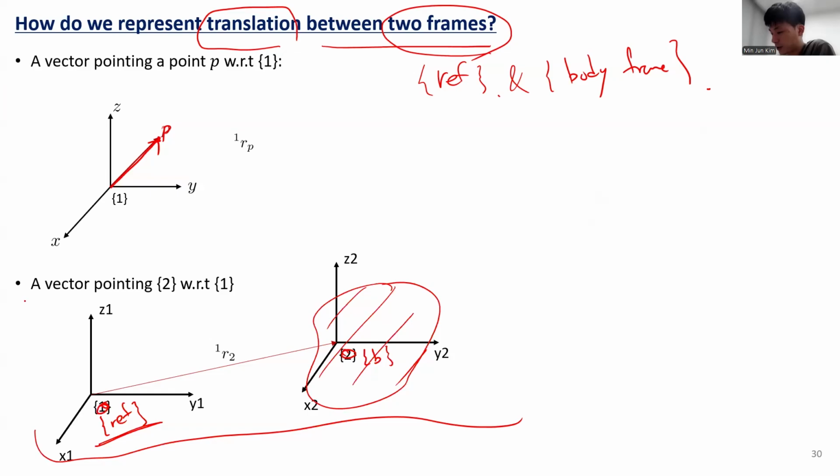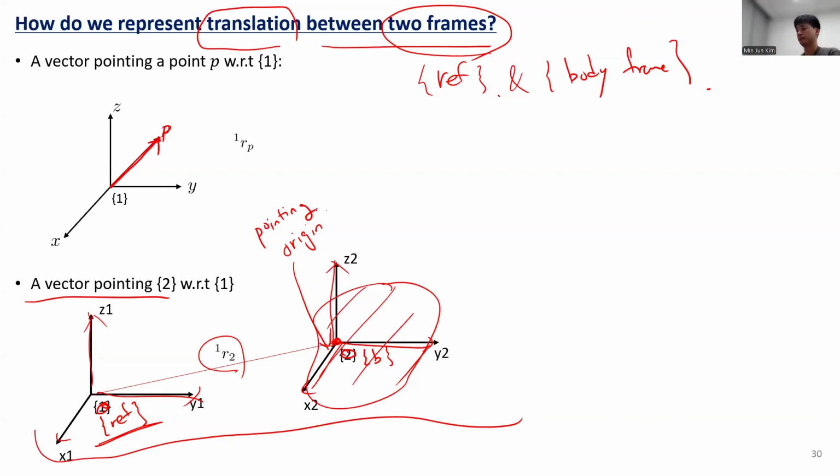So a vector pointing to the origin of this frame with respect to the reference frame is the translation between two frames. Very easy, right?